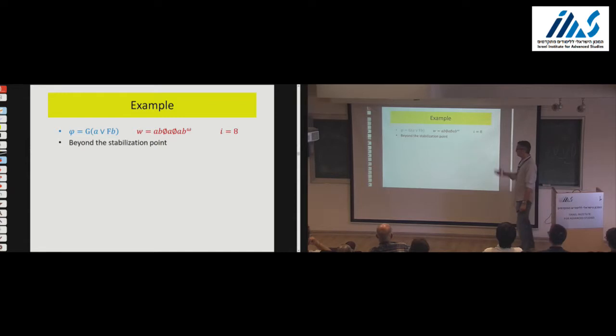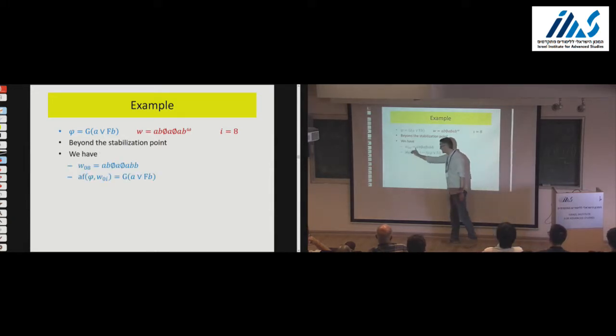So this is going to be an example. Imagine we have this formula, which is one of the simplest formulas that doesn't fit in the cases we have. Then we could have a word like this: A, B, here only A, only B, here none of the two, A, and so on, with a B omega tail. And imagine that we take the point i equal to 8. It is beyond the stabilization point.